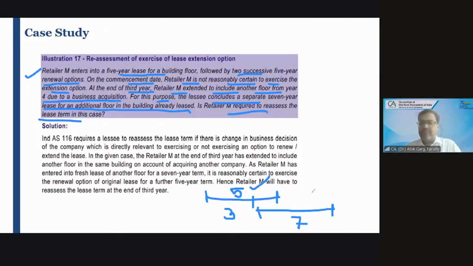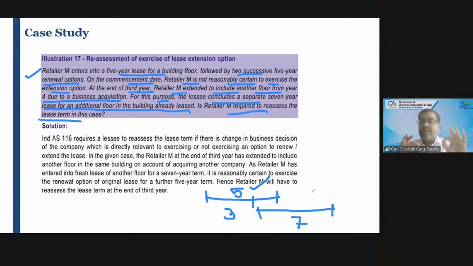From the 3rd year, which means at the end of the 5th year, the remaining 5 years will be there. He will possess that building. Though it is an optional renewal period, definitely he will exercise it to continue. So basically, he has acquired a business, and in the same building, he has taken one more floor. So there are high chances, and it is for 7 years, that this lessee is going to avail the first renewal option of 5 years.